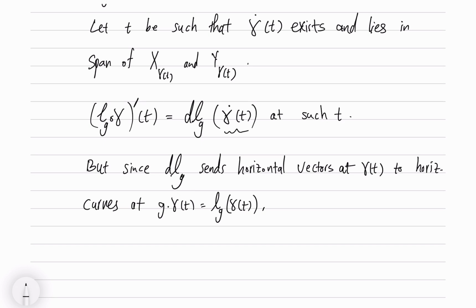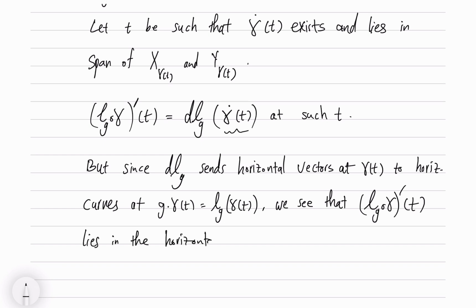So since this is the case, we see that the derivative of L_G applied to gamma prime(t) lies in the horizontal subspace, that means the span of X and Y vectors at the image of the curve.